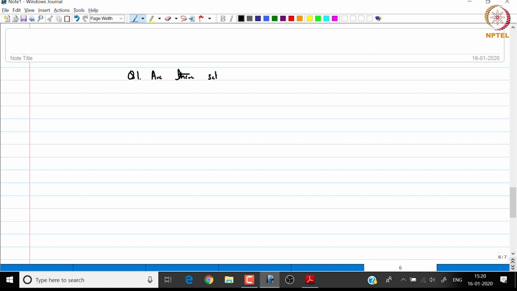Are there sets which are both open and closed? The answer is yes. And what are those sets?